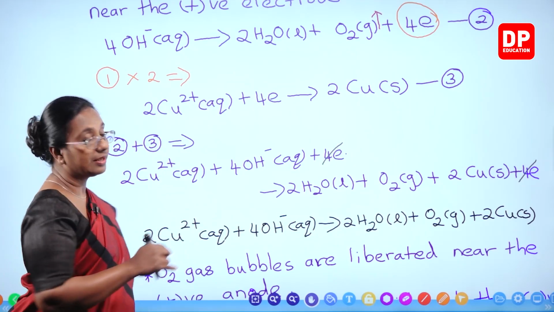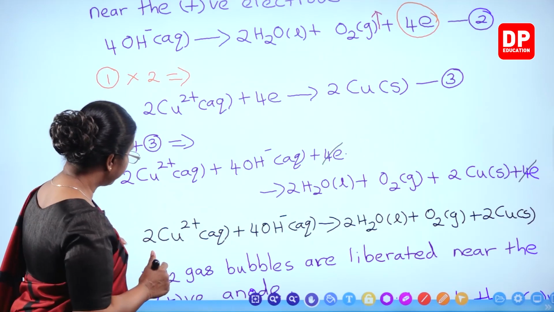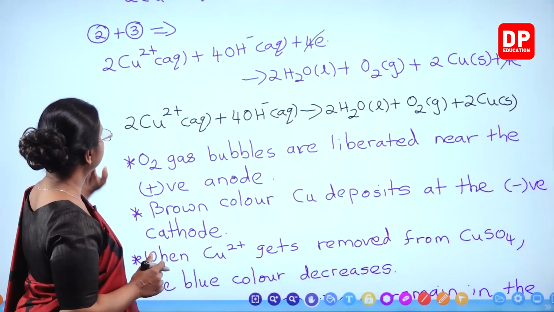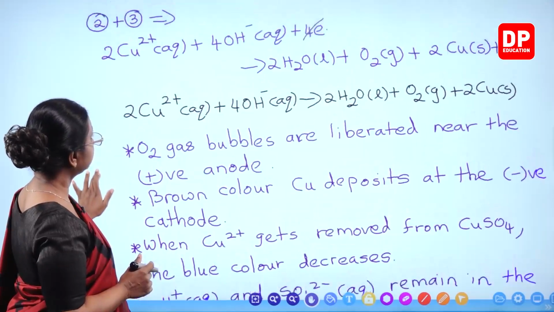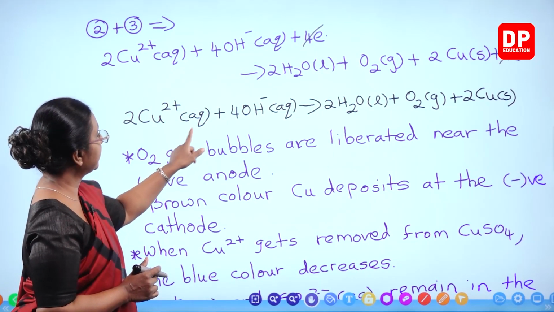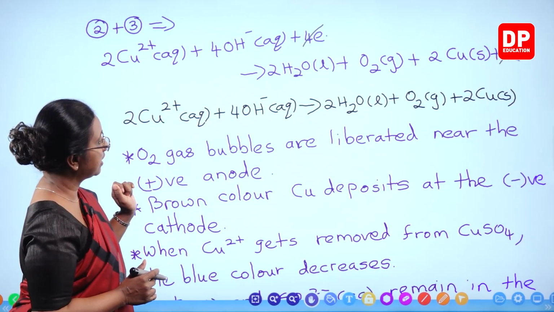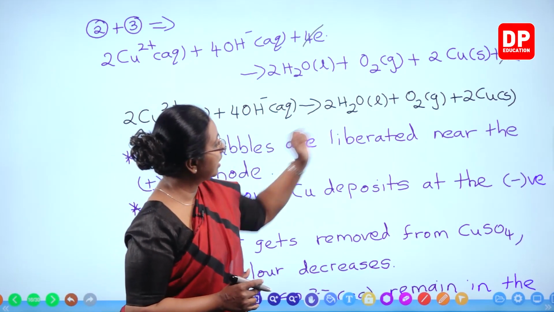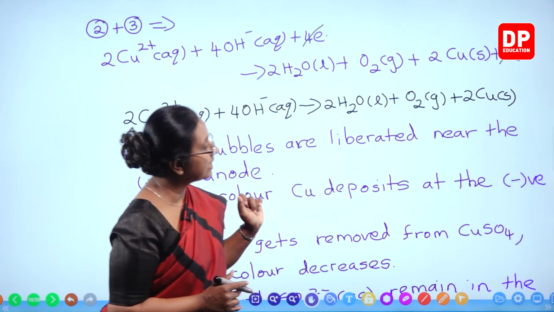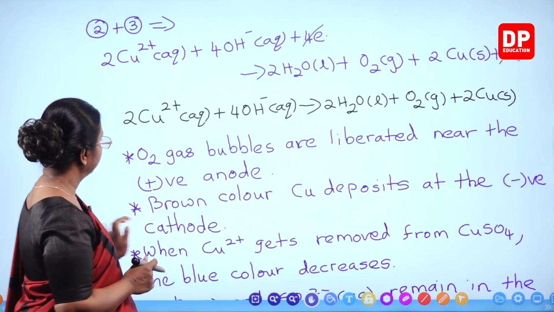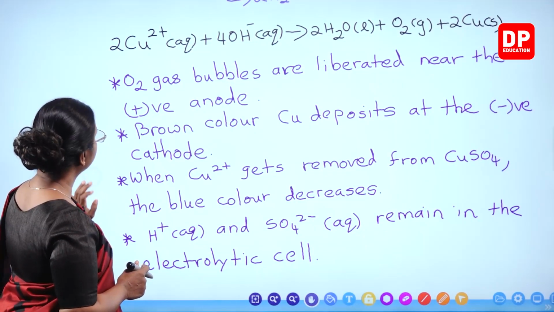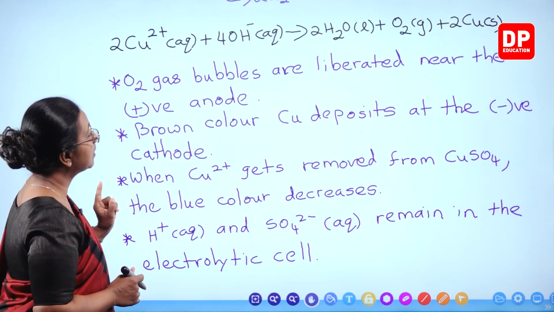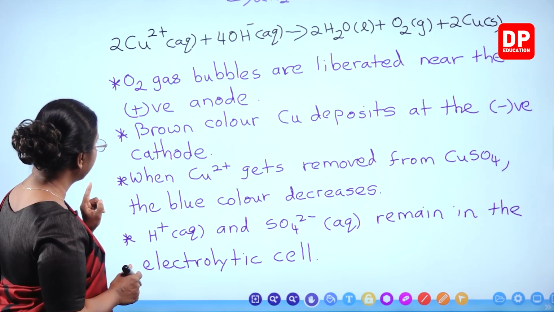So the 4 electrons get cancelled off and finally you get this equation. 2 Cu2 plus aqueous plus 4 OH minus aqueous gives rise to 2 H2O liquid, O2 gas and 2 copper solid. Here you can see these are the observations. Oxygen gas bubbles are liberated near the positive anode.